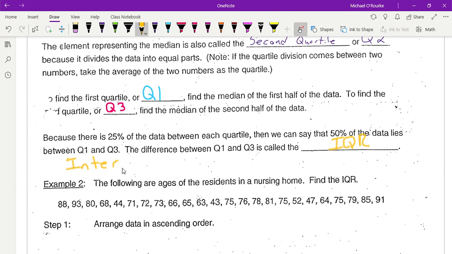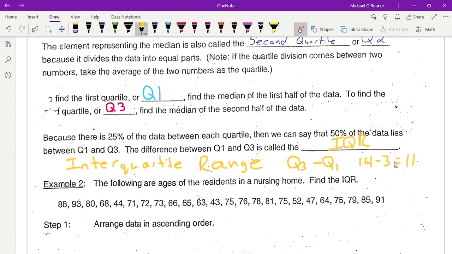That's an R. Interquartile range. Oh, why doesn't it want to write there? Okay. So that is Q3 minus Q1. Okay? So in this case, 14 minus 3, which is 11.